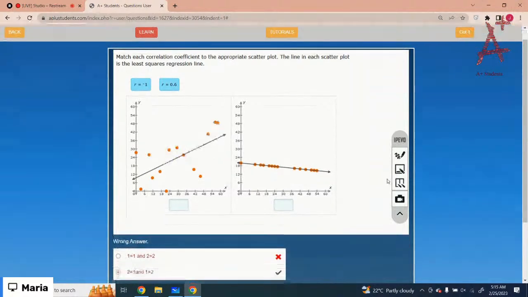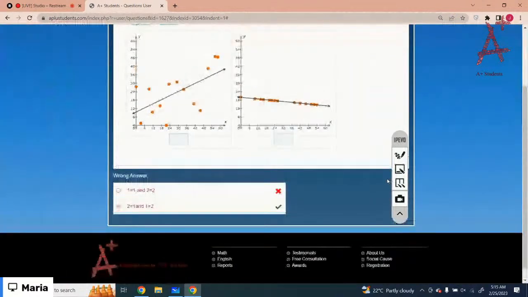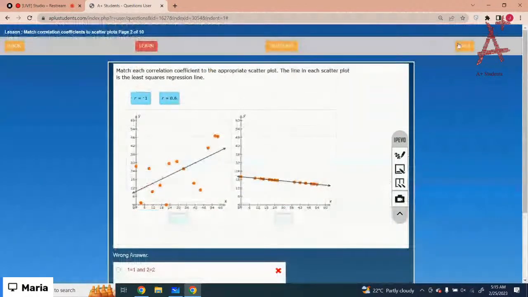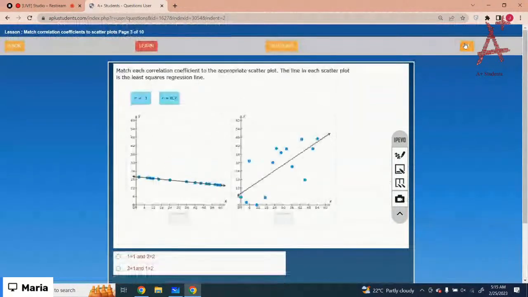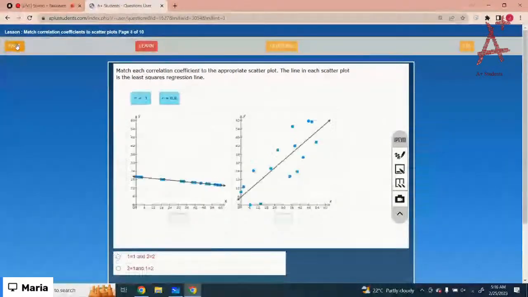But no, you are not given any reason why 2 equals 1 and 1 equals 2. It's okay. It is 2 equals 1 and 1 equals 2. Okay, you can leave this topic. Let's just move on to the next topic.